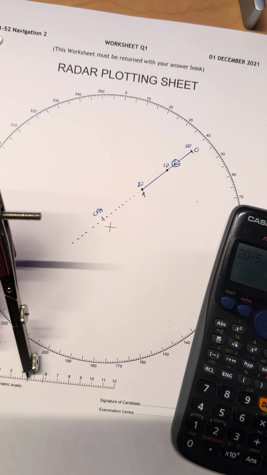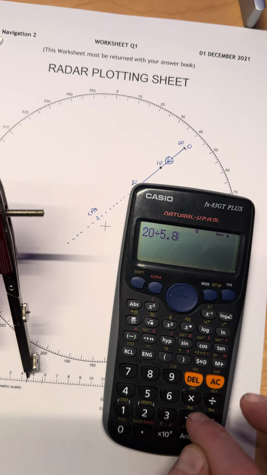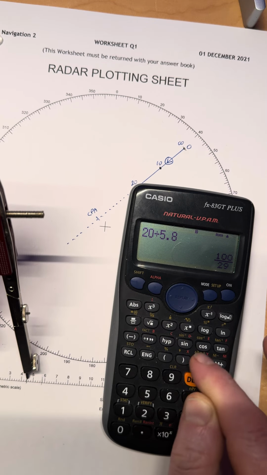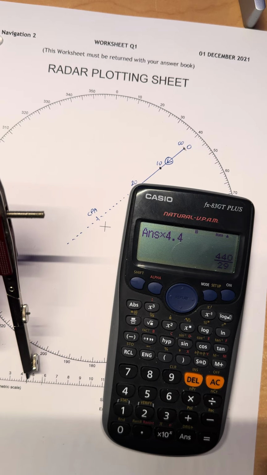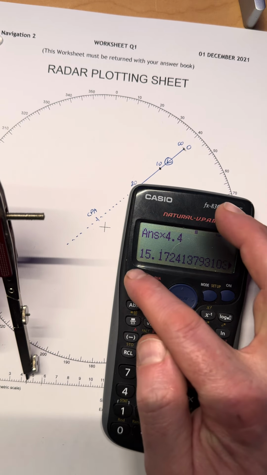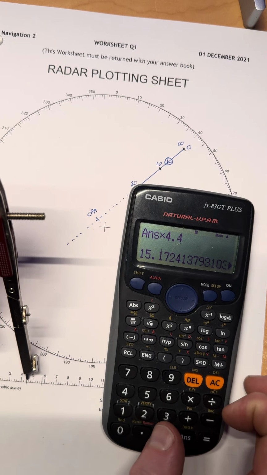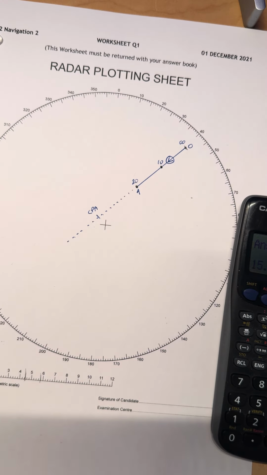So 20 divided by 5.8 times 4.4, and that comes to be 15 minutes, which was exactly what we got doing it with our compass earlier.